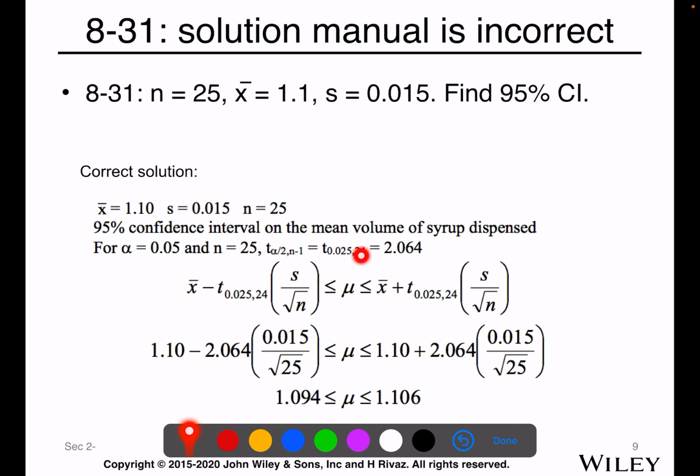So n minus 1 will be 24. So we have to look in the table for t of 0.025 and 24. And that number is 2.06.